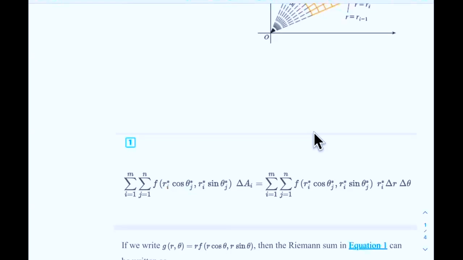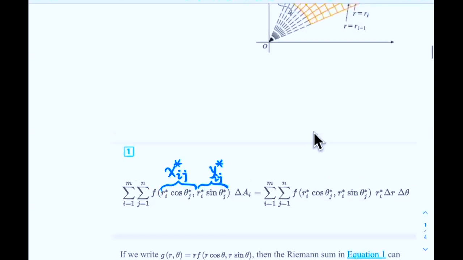This one over here is xi star. Remember r times cosine theta is x, right? This one over here is yj star, xij, yij maybe. So this is the function value at this point.